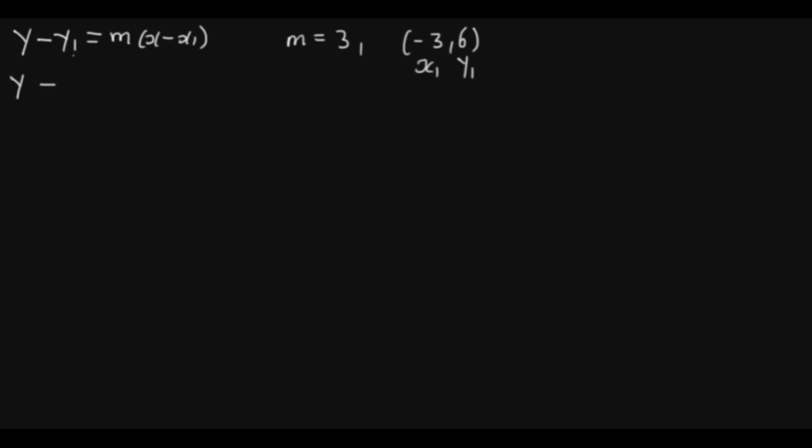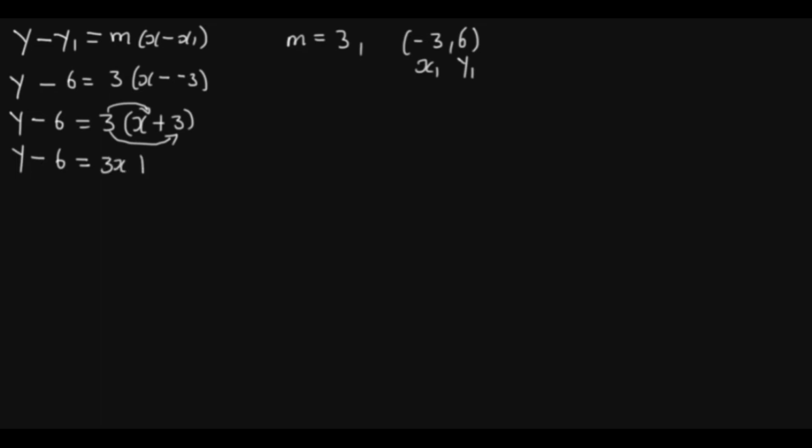y minus our y1 is 6, our gradient is 3, open bracket x minus x1. So our x1 is -3. Then from there we can see that we first need to expand inside. Negative times negative, that is +3. y minus 6 is equal to 3, we multiply with x and the second by 3. 3 times x is 3x, plus 3 times 3 is 9.